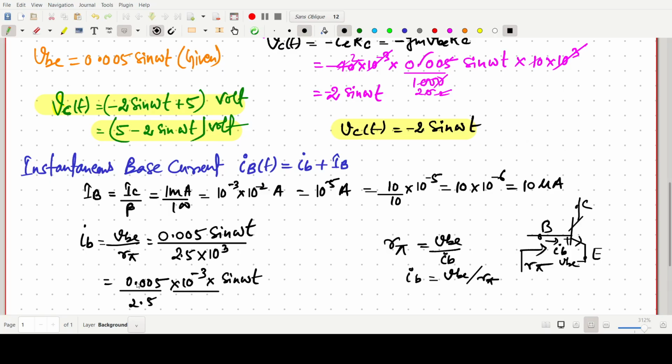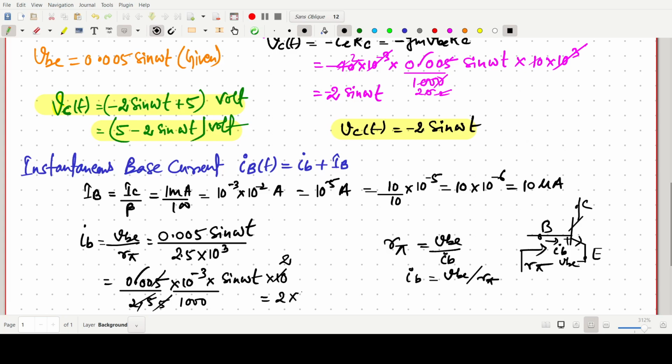How will I solve this? If you remove the decimal, how many zeros will come? 1, 2, 3. So removing the decimal gives 10 to the power 3, and then 5 by 25 means 5, and 5 into 2 gives 2.